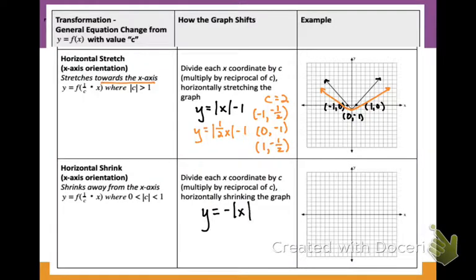Now, with the horizontal shrink, I'm going to start with that negative absolute value of x, and my shrink factor will be 1/2, so that means I'm going to multiply each of my x values by 2. First, I'm going to go ahead and graph that original equation and identify 3 points. And then here's my transformed equation.